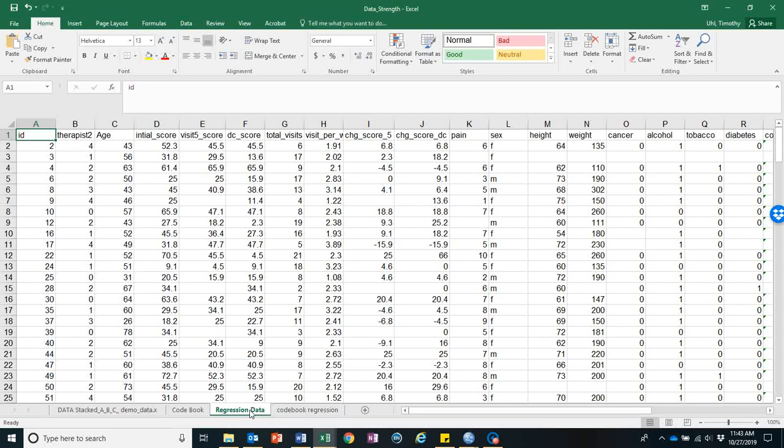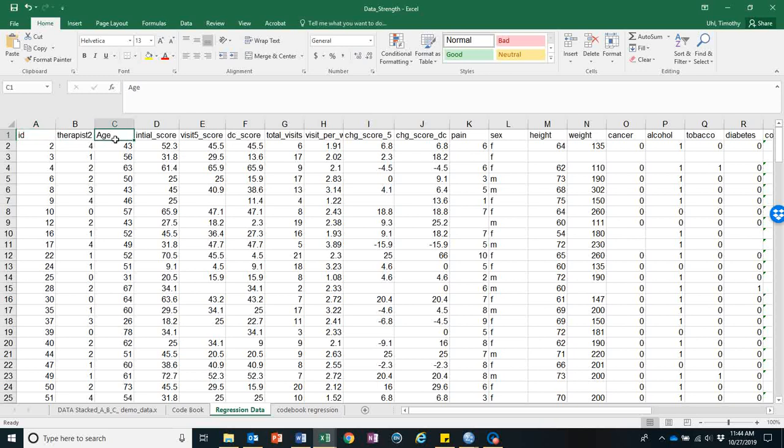So this data was pulled from a chart review and basically was used to try to identify what were the best predictive factors to determine who would likely get better with shoulder rehabilitation. And so as we go across the top, we have 4 different therapists treating.